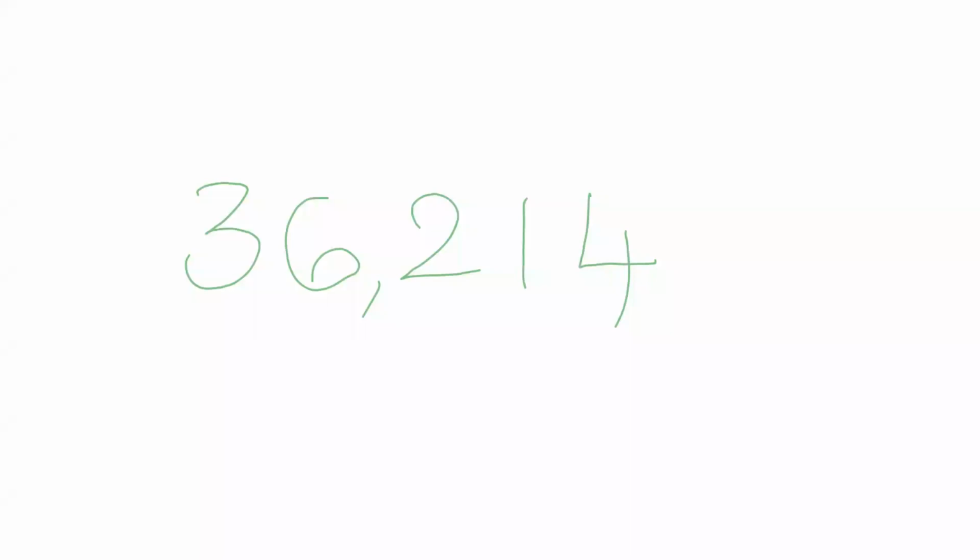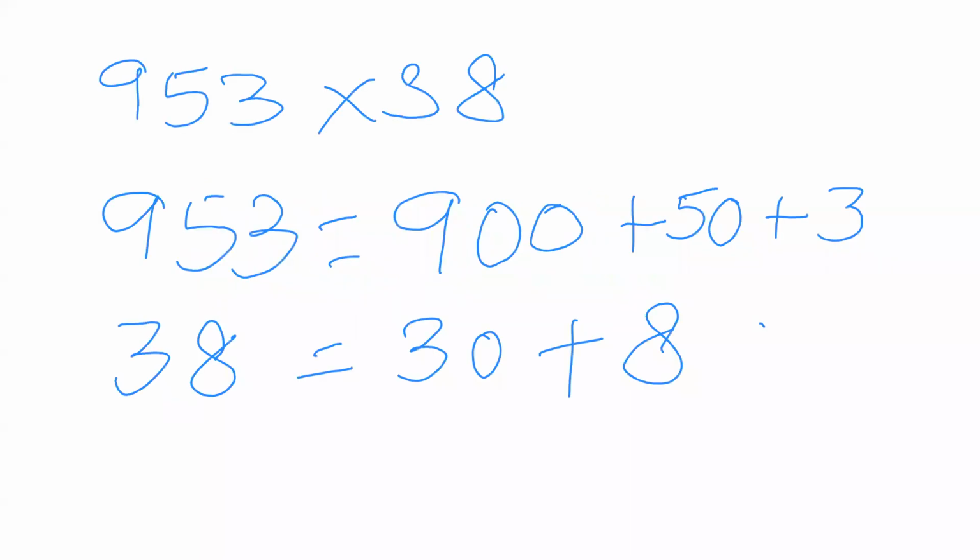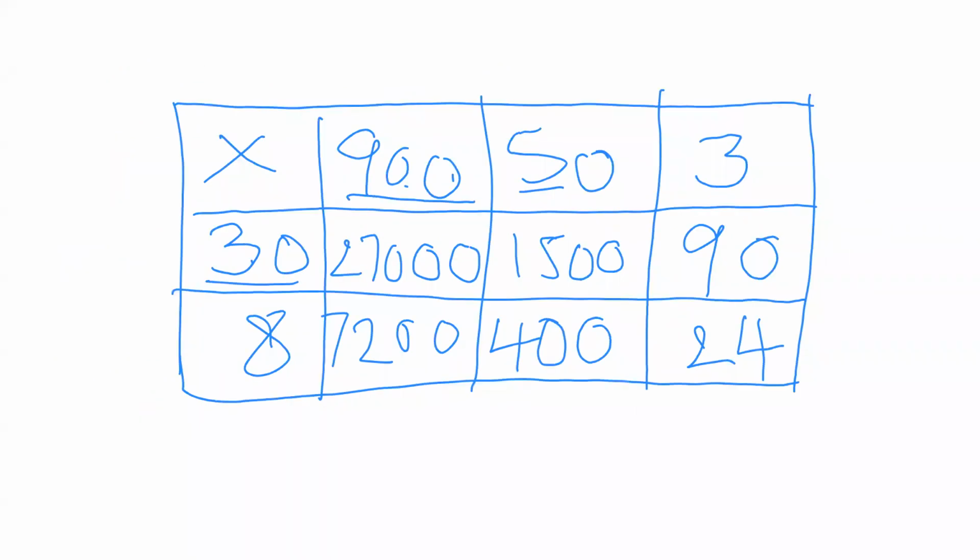Let us revise once again what we have done. First, we have written the problem and we have written the expanded form, that is 953's expanded form is 900 plus 50 plus 3 and 38's expanded form is 30 plus 8. Next, we have drawn the table and we have written the expanded form vertically and horizontally.